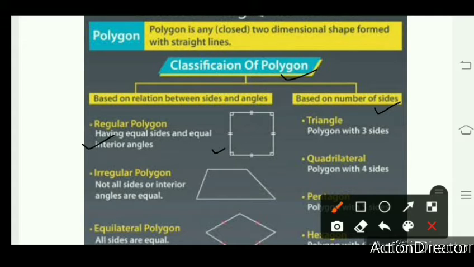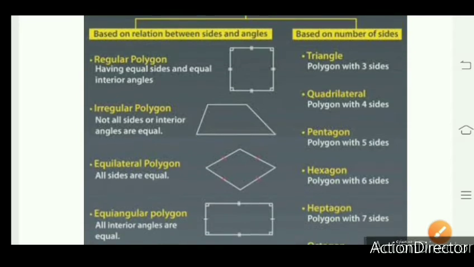Now irregular polygon. Not all sides or interior angles are equal in this type of polygon, right?